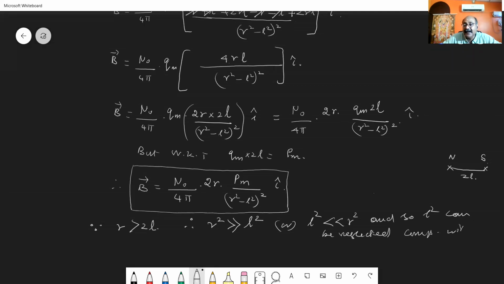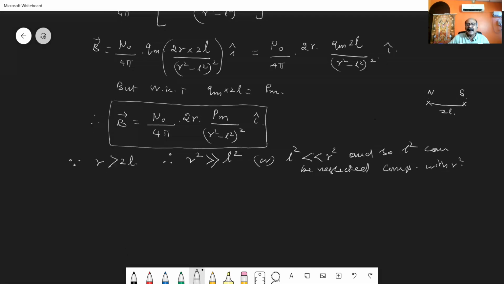So if you leave it out, you get B vector equal to mu 0 divided by 4 pi into 2R into PM by, when you leave out this L square, R power 4, into I cap. Here one R and here R power 4, you will get R cube.